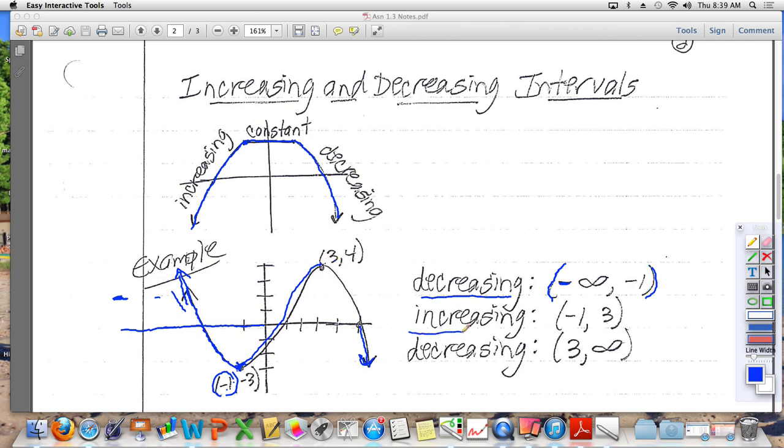So the graph is increasing again, parentheses around both, because those are like pauses in the graph. And then when you get to an x value of 3, the graph starts to head down again. It will go on infinitely far low. Therefore, it decreases starting at an x value of 3 and going infinitely far to the right.